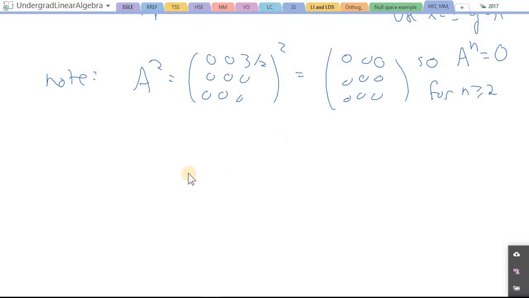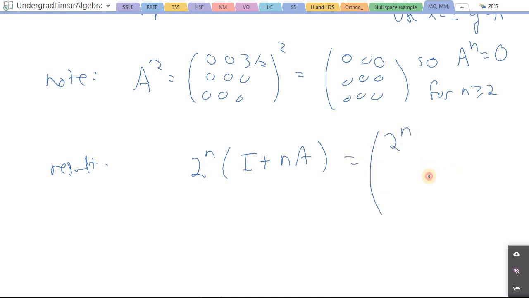So my result is 2 to the n times I plus nA. Now remember what A is. A has 3 halves in the upper right corner and zeros elsewhere. So this 2 to the n I gives me 2 to the n's on the diagonal.